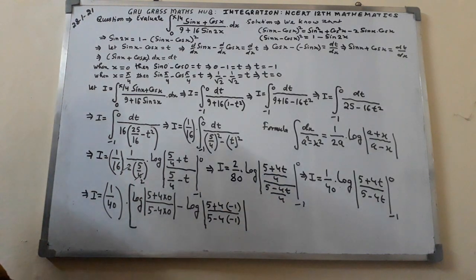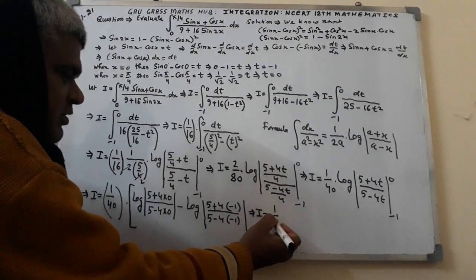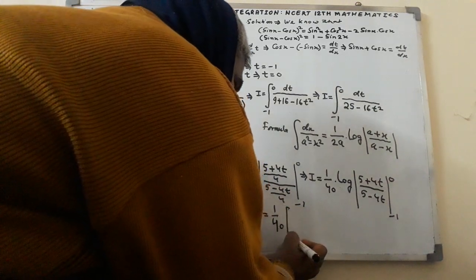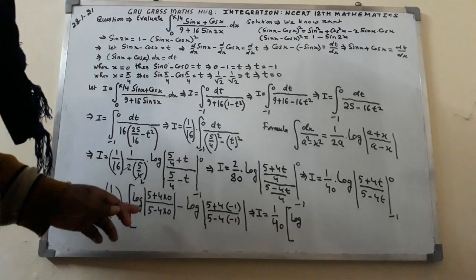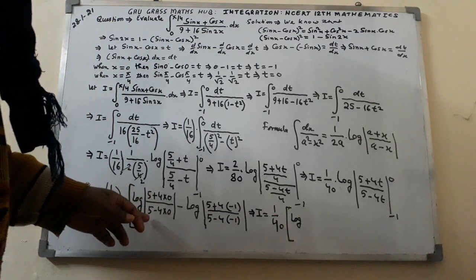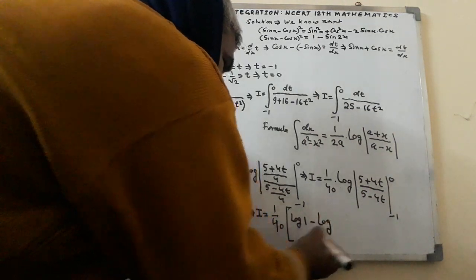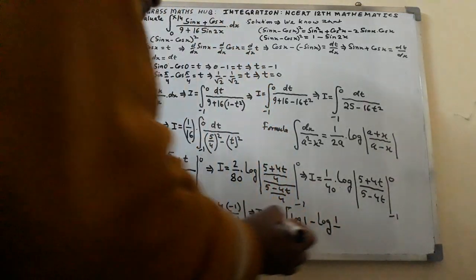So we will get here, implied that I equal to 1 over 40, and in bracket I shall write log 5 over 5, log 1, we will get minus, and here we will get minus log, and here 5 minus 4 will get 1, and here we will get 9.